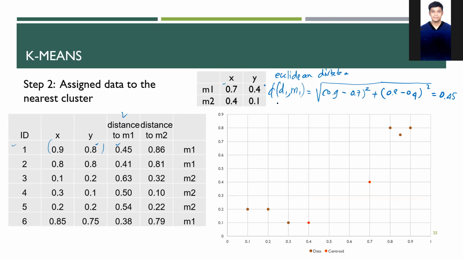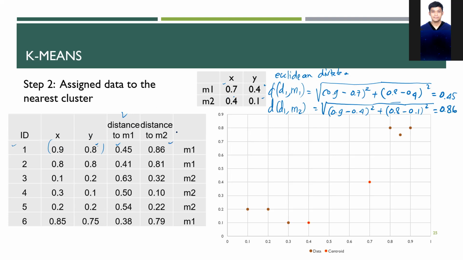And we also calculate the distance from data 1 to centroid 2, using Euclidean distance. So here, 0.9 minus 0.4 squared plus 0.8 minus 0.1 squared equals 0.89.